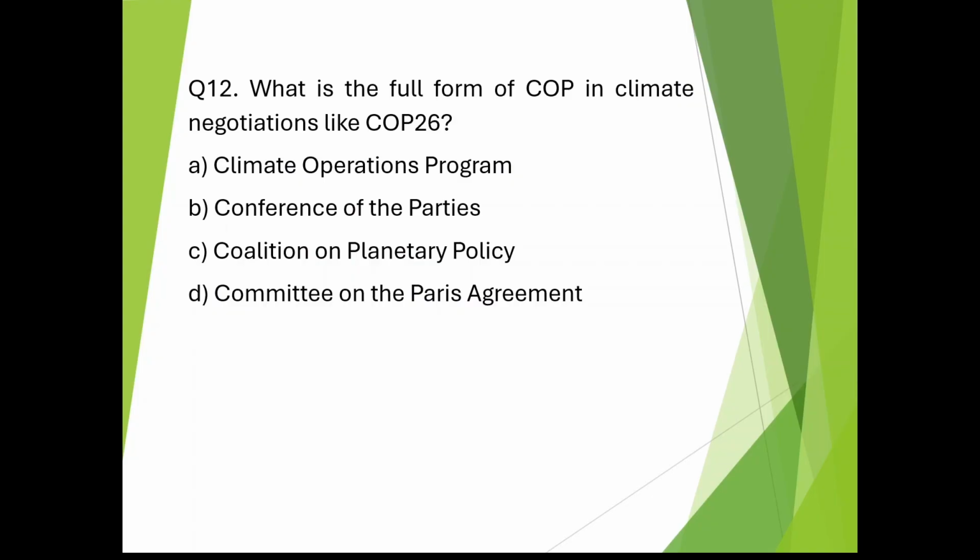It meets annually to review progress in climate actions and set new goals. For this purpose, for setting up the new goals and reviewing the progress of the climate actions and the commitments that you have proposed, how much you have worked upon it, these meetings are held annually.